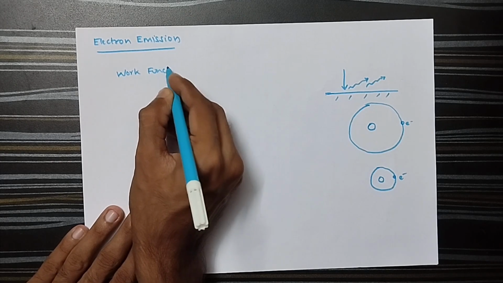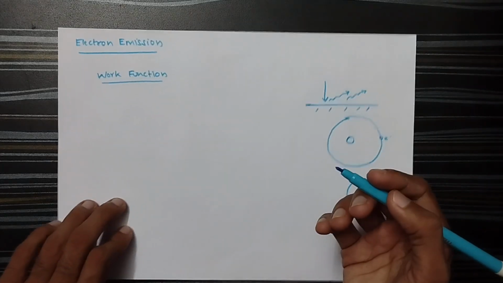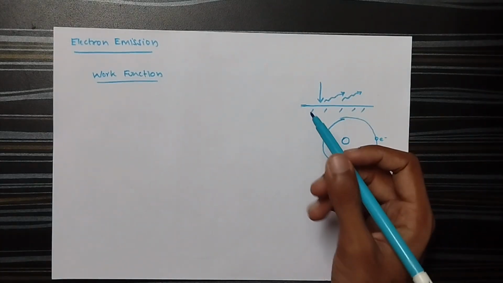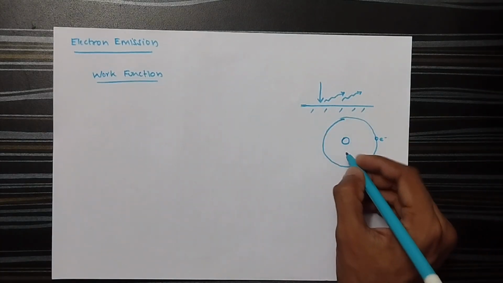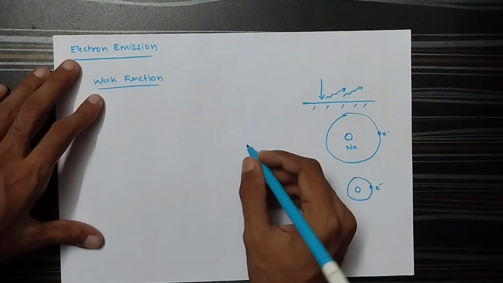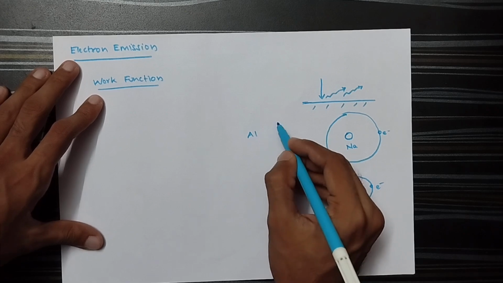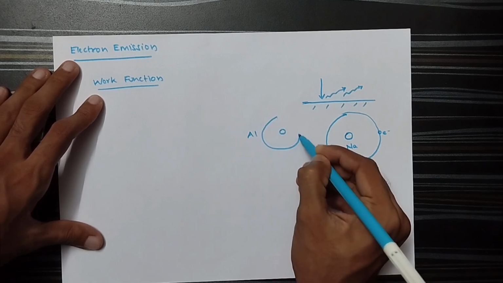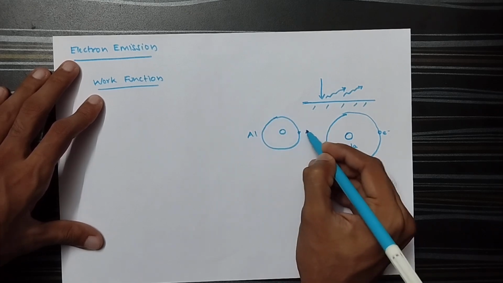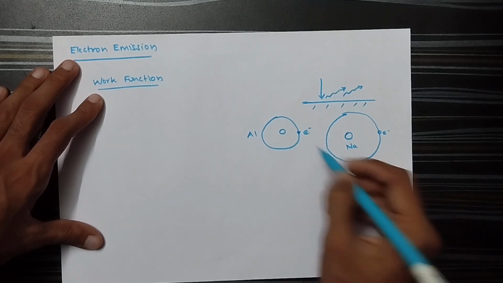Every metal has a work function and it depends on the nature of the metal. For example, if this was sodium metal, and we took aluminum metal, its atoms are smaller than sodium, but since it is a metal, it still has way less attraction than the non-metals.